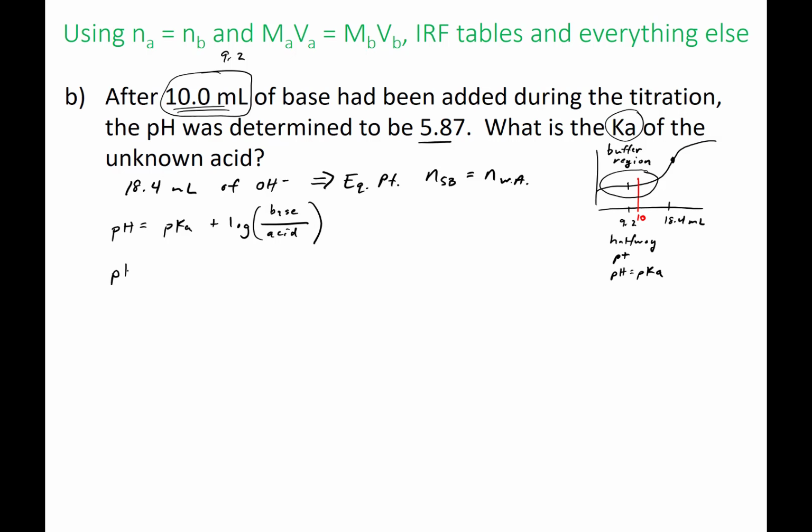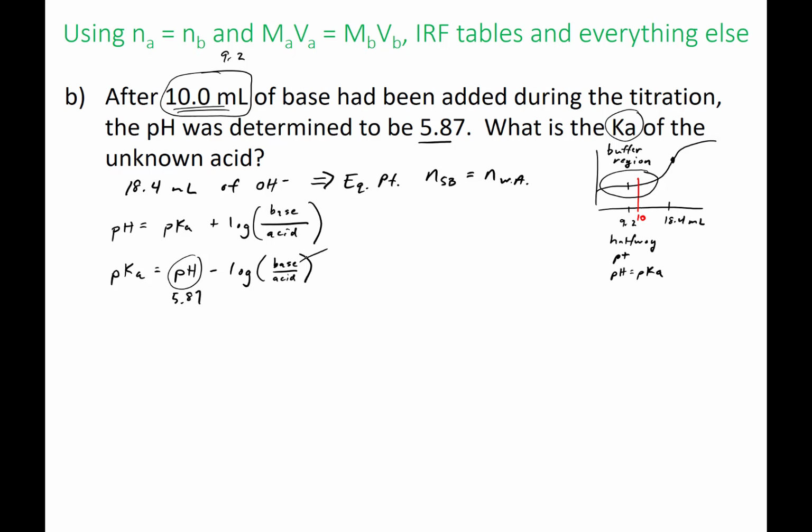I'm just going to rearrange the Henderson-Hasselbalch equation and move this term over: pKa equals pH minus the log of base over acid. Then I'm going to figure out what they gave us and what they didn't give us. So they gave us the pH, which is 5.87.